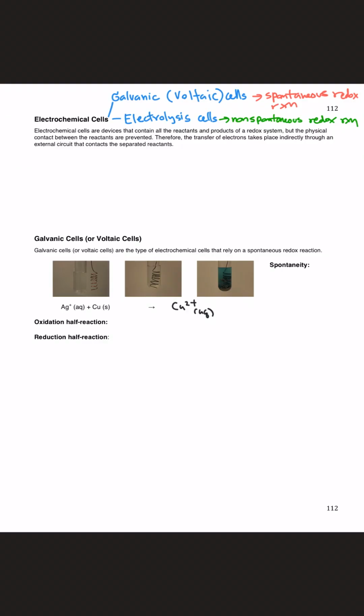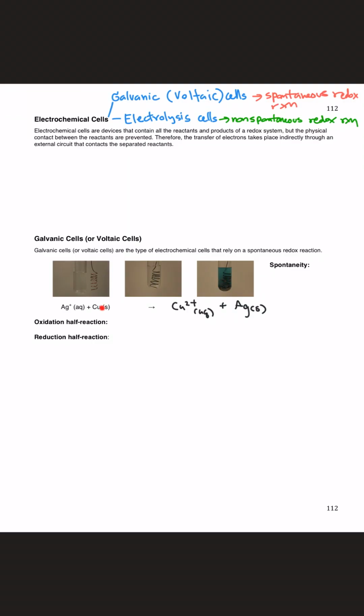And the other species that it would form is solid silver. So as you see here, because the silver ion solution has no color, it will become blue because that's the identity of Cu2+.